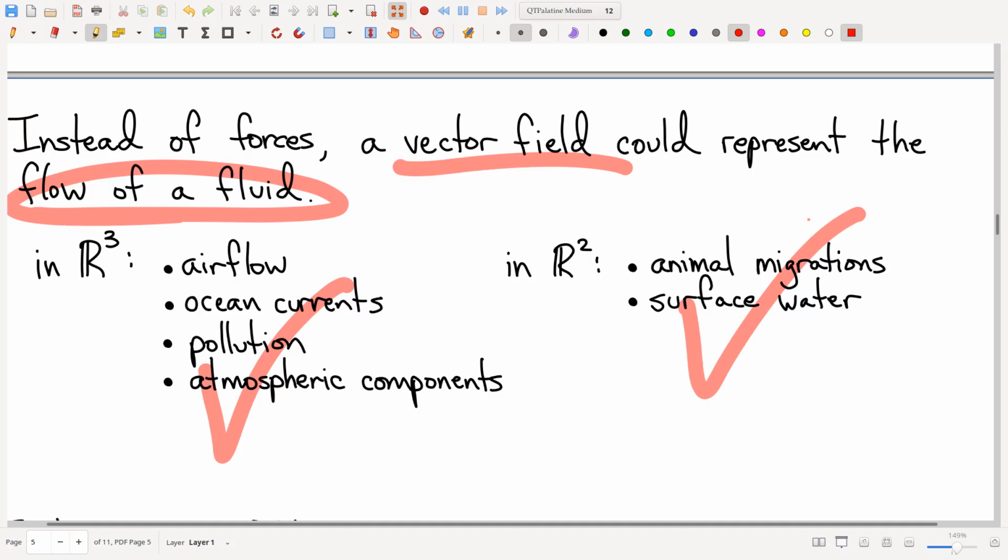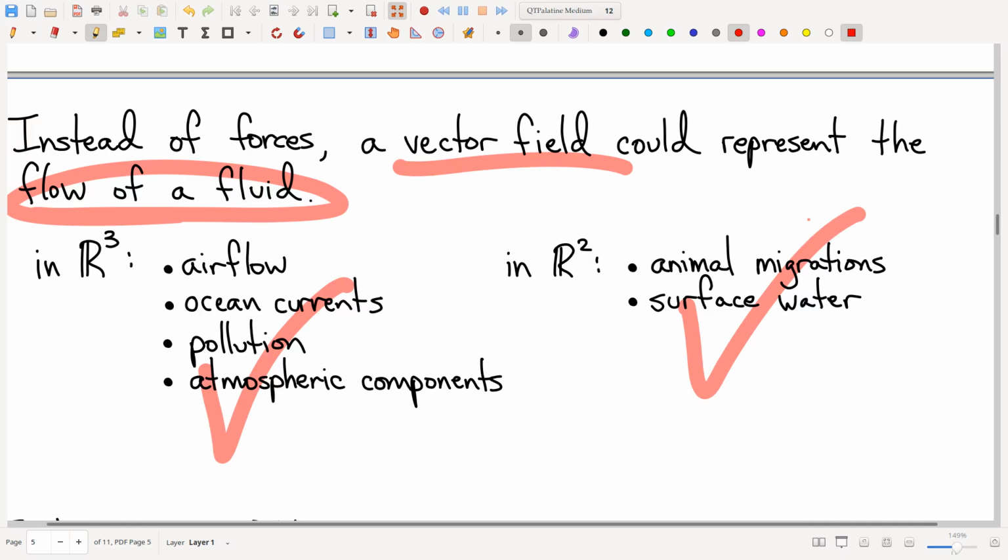Just think about a fish tank, if you have a little aquarium right there on your desk or whatever. I'm not saying you should do this, but you could stir up the water in there. The water would flow around, and at every point there would be a vector indicating what the velocity of the fluid is there, and the vector field would be how you would describe that motion of that water.